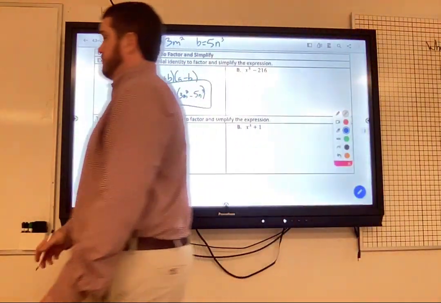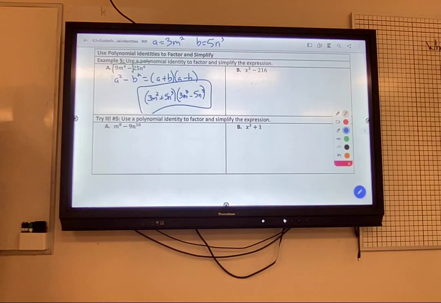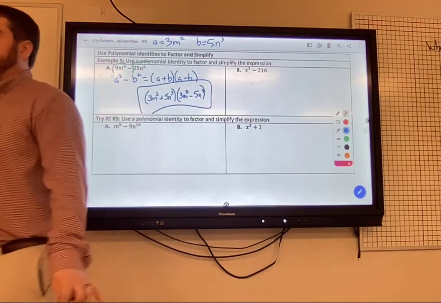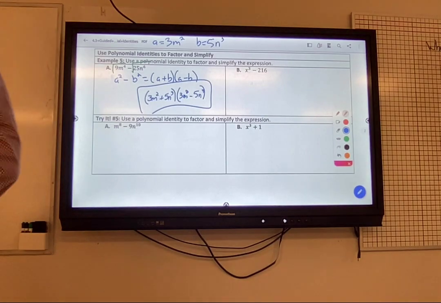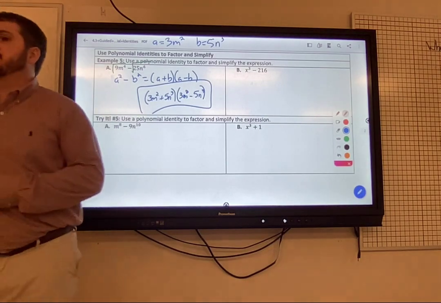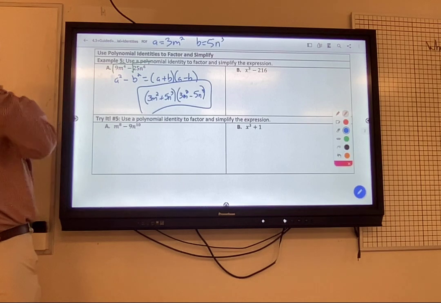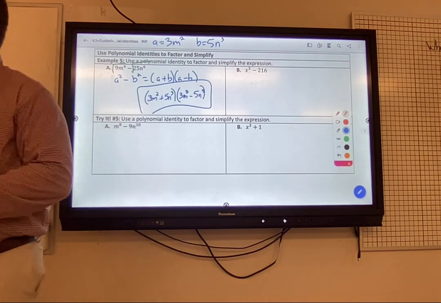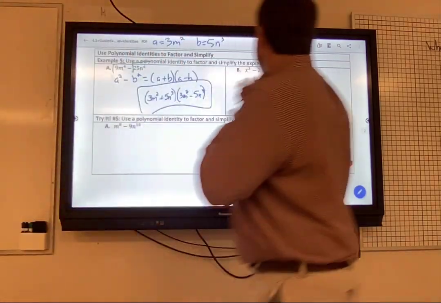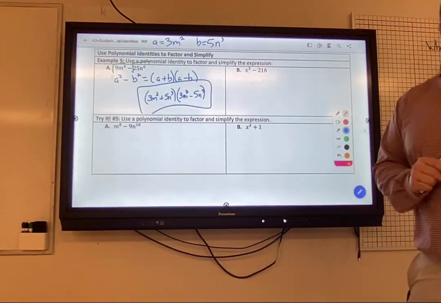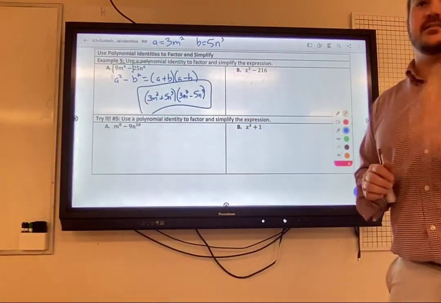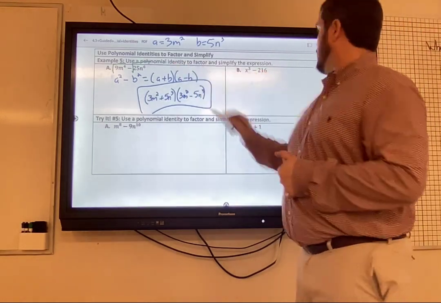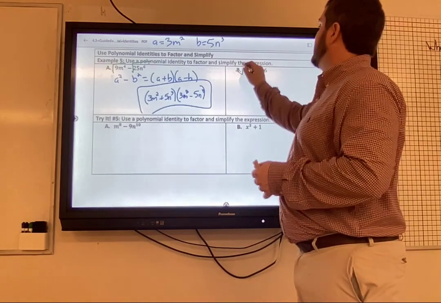Say again. Guys, if you look at this identity, we got x cubed. I'll give you a list of perfect cubes. Perfect cubes are 1, 8, 27, 64. 216 is a perfect cube. And if you don't know that, I'll give you a list of them. What you can do here is instead of square rooting, you could take the cube root.